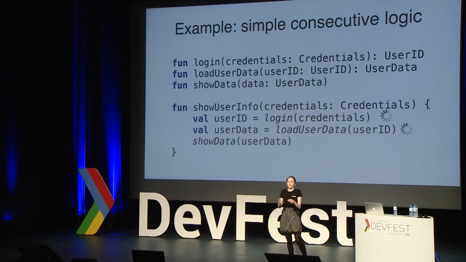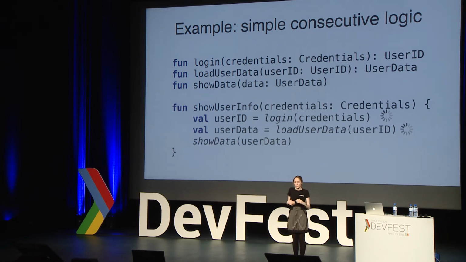If we just write this code in this manner, in a consecutive, clear way, it will be wrong, because here we have two places where our user can be blocked, because we probably have some network operations, and they may take a long time, and during this time your user will need to wait. So that's something that we would like to avoid: blocking the user.